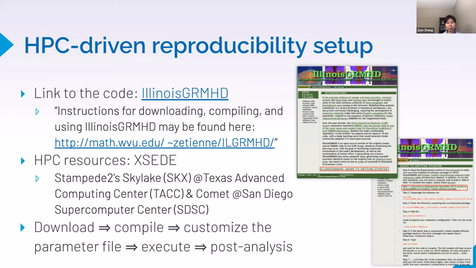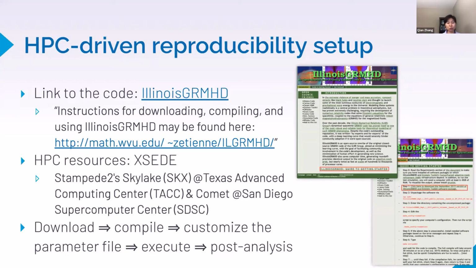In the 2015 paper, a footnote on the first page mentioned that instructions for downloading, compiling, and using the code could be found at a link. However, this link has been outdated for the past 5 years. It has been moved to a new place without updates or notification to the broader audience.